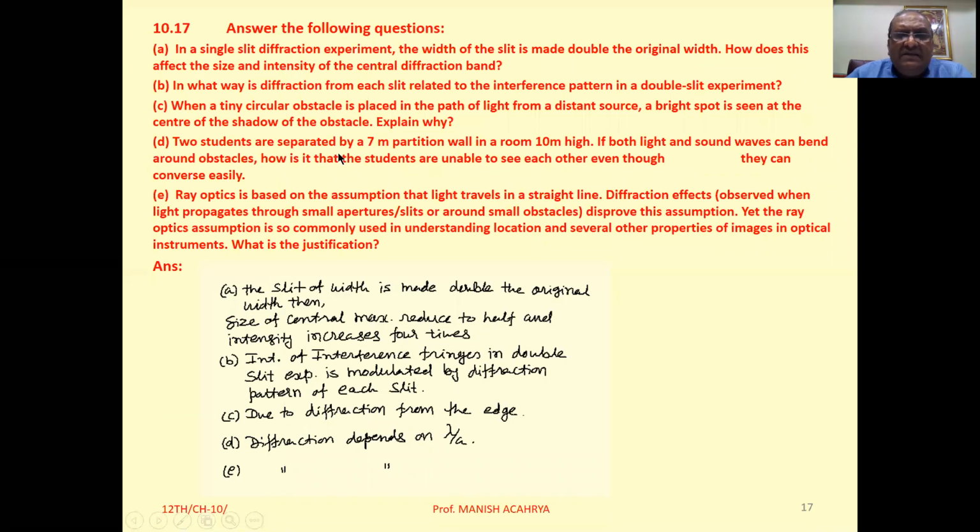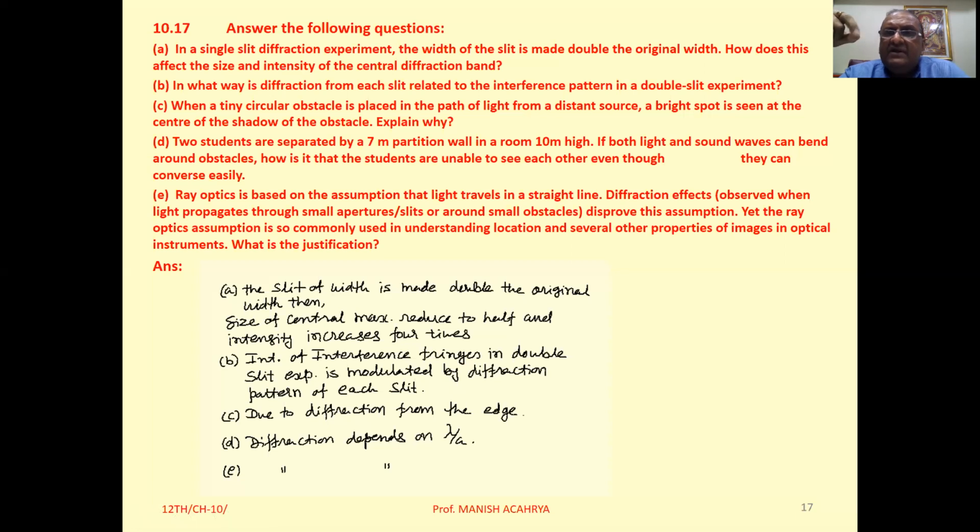D. Two students are separated by a 7-meter partition wall in a room 10 meter high. If both light and sound waves can bend around obstacles, how is it that the students are unable to see each other even though they can converse easily? Now see here, the diffraction depends on the factor lambda by A. For sound waves, lambda is large, so lambda by A, where A is the opening of the obstacle, is large.